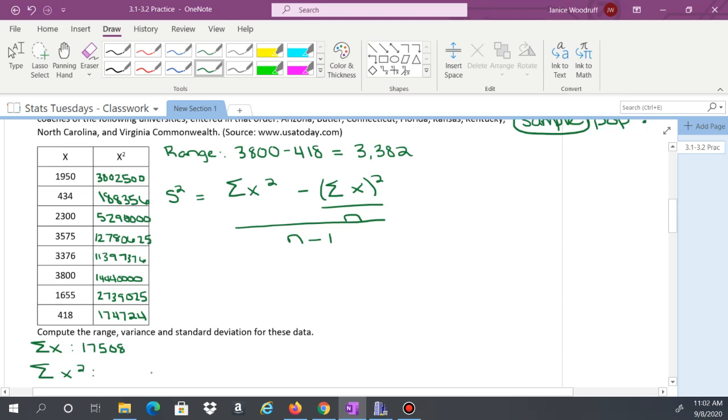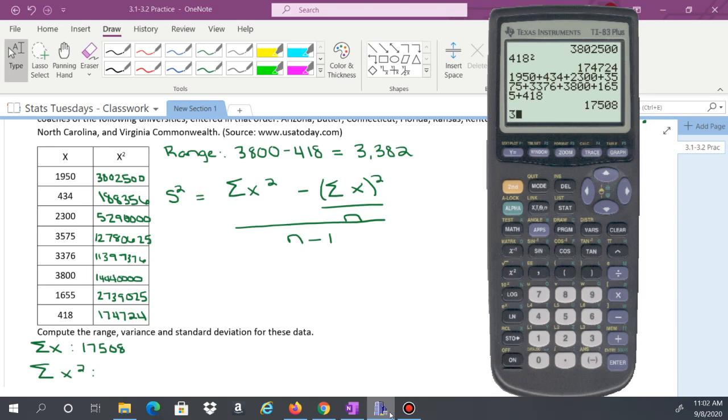Okay, and then the sum of x squared, I'm going to calculate my x squared column. So 3802,500, 188,356, 529 and 4 zeros, 1278,0625, 1139,7376, 1444 and 4 zeros, 2739,025.